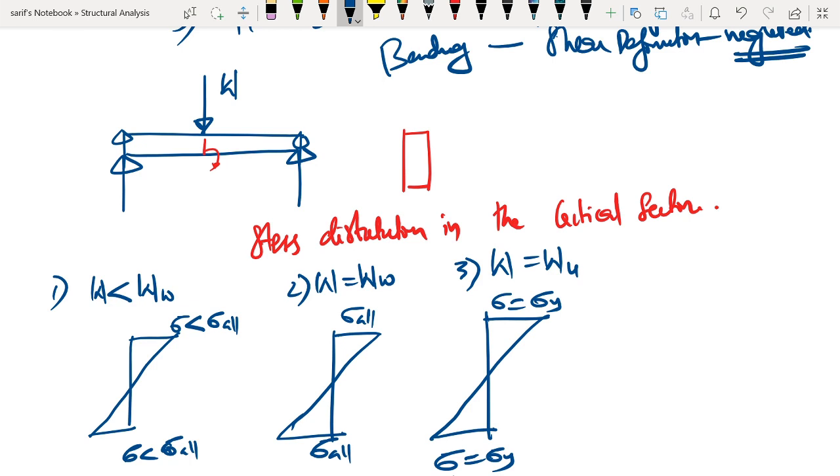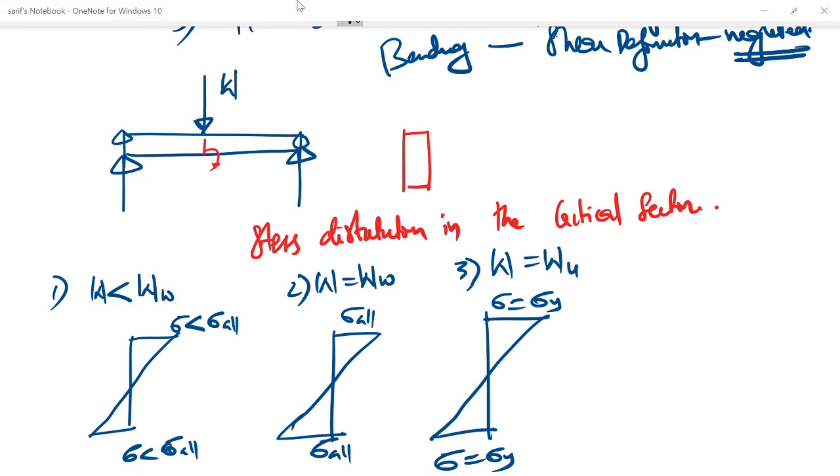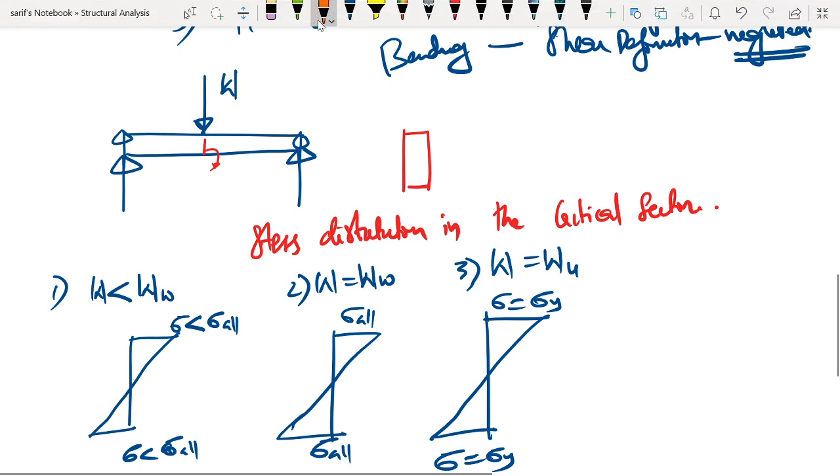That is the idea in elastic analysis. However, in reality, all the fibers in the interior portions have a stress much less than the yield stress. They are under stressed and therefore capable of taking much more stress and more load. So we are going to make use of that.